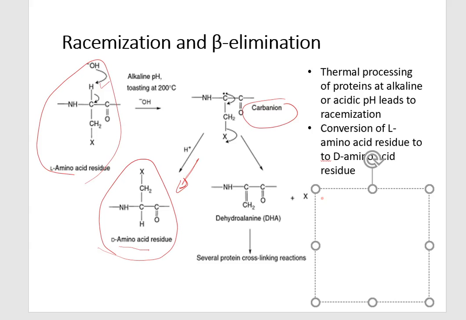And what factors affect the rate of this reaction? So, okay, let's write here. The rate of racemization of an amino acid residue is affected by the electron withdrawing power of the side chain.